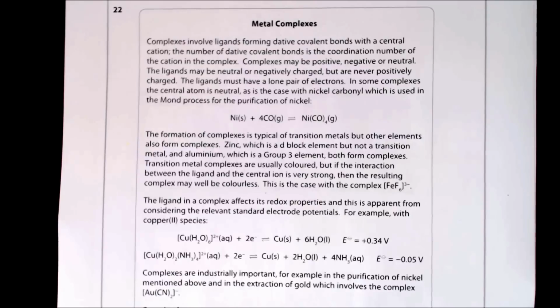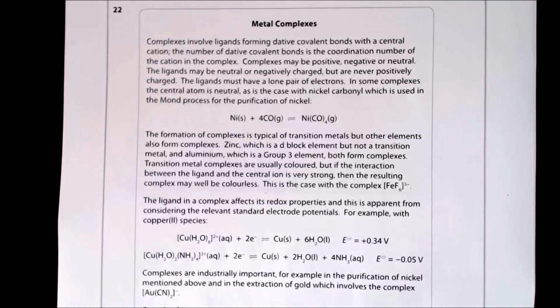Complexes may be positive, negative, or neutral. The ligands may be neutral or negatively charged, but are never positively charged. The ligands must have a lone pair of electrons. In some complexes, the central atom is neutral, as is the case with nickel carbonyl, which is used in the Mond process for the purification of nickel, and they've given us the equation there.